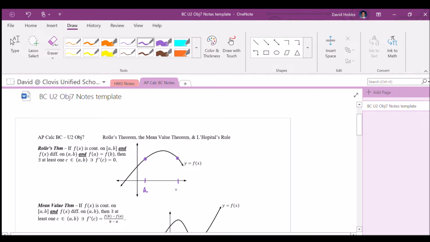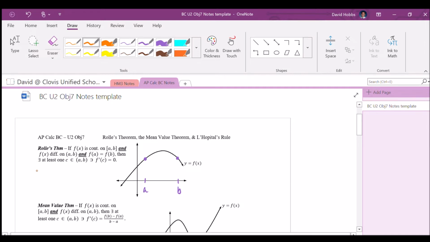So I'm going to say that b is right there. Hopefully that's looking correct. Is it continuous on that closed interval? Yes. Is it differentiable on that open interval? Is it a nice smooth curve? Yes.